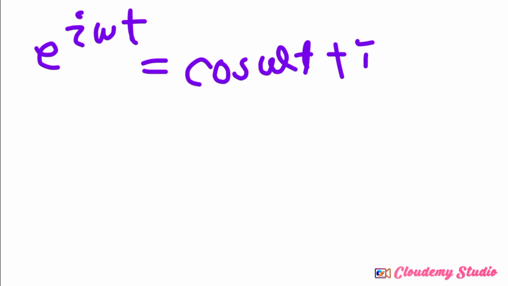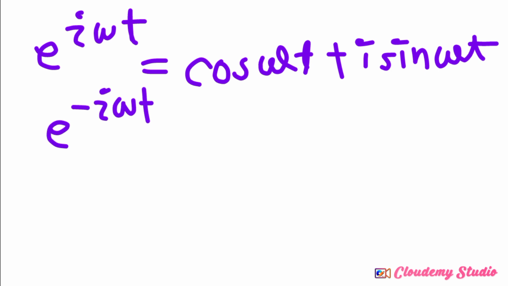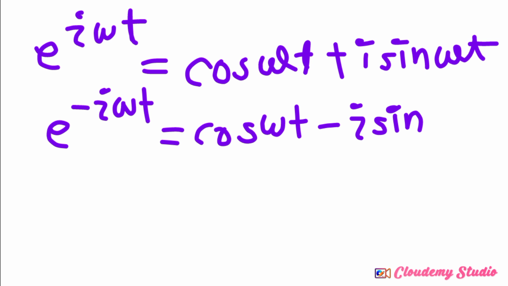So we can write e to the power i omega t is equal to cos omega t plus i sin omega t, e to the power minus i omega t is equal to cos omega t minus i sin omega t.